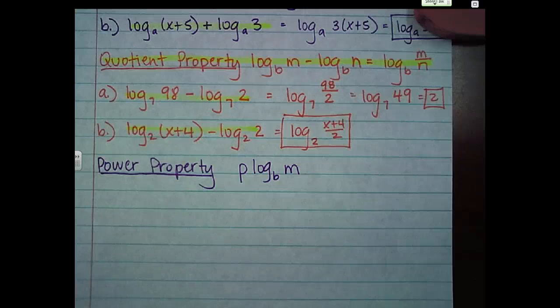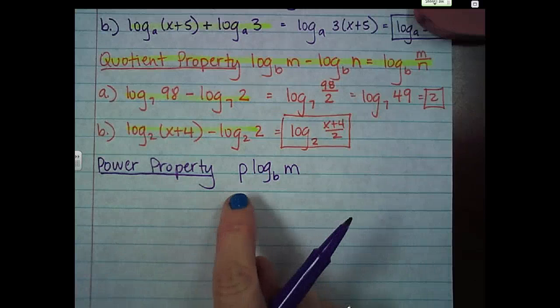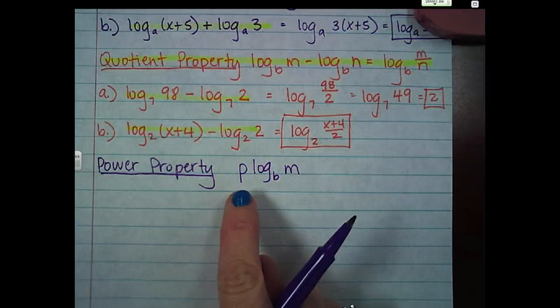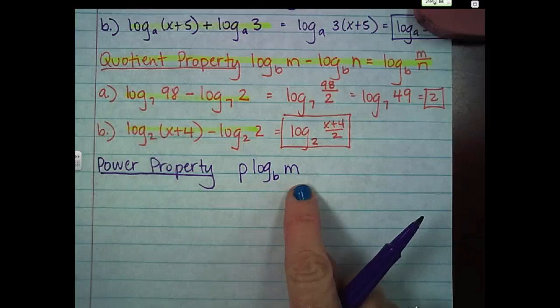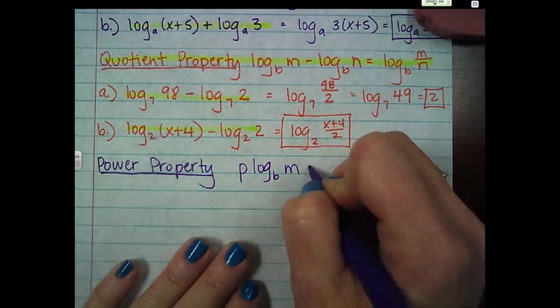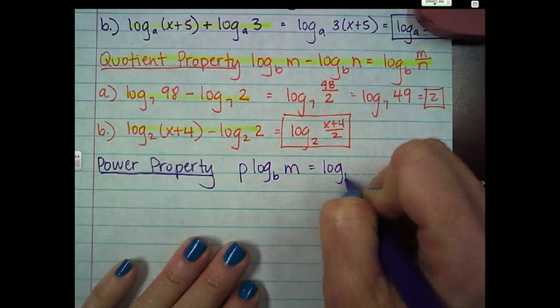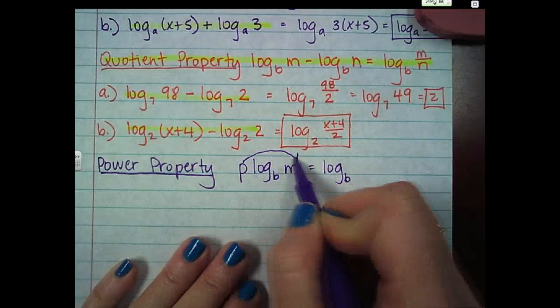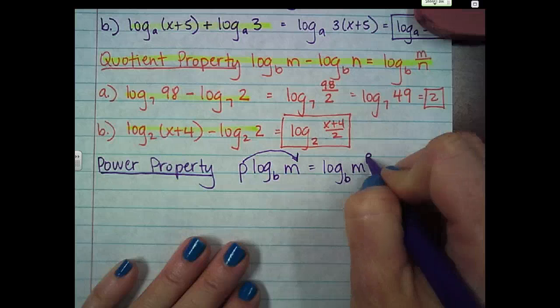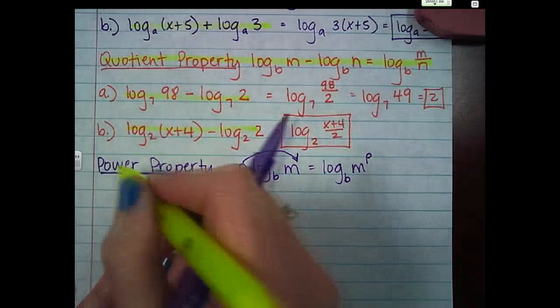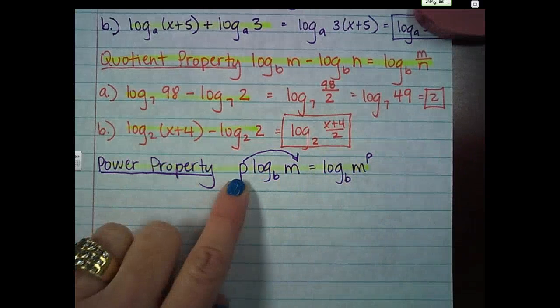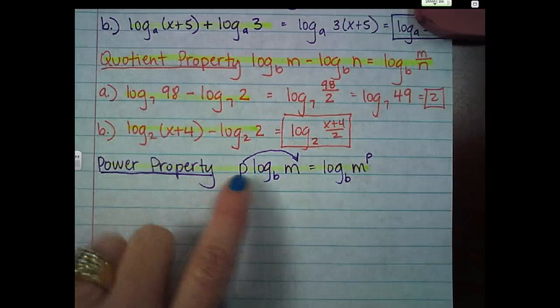In other words, if you have a number in front of the log, when you rewrite it, it becomes the exponent of n. So this is the same thing as log base b of n to the P, and you're gonna move the P to the exponent. It's called the power property. If you have a number in front, it's the same thing as the exponent.